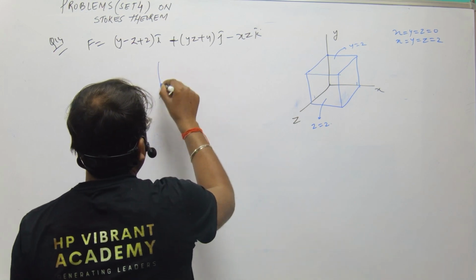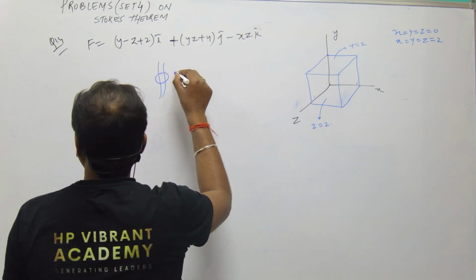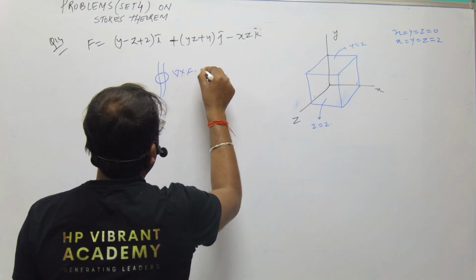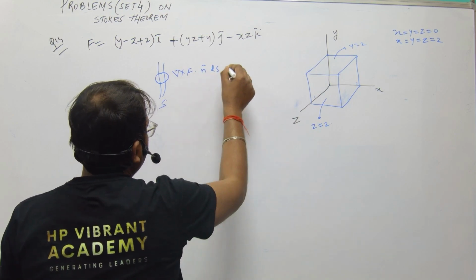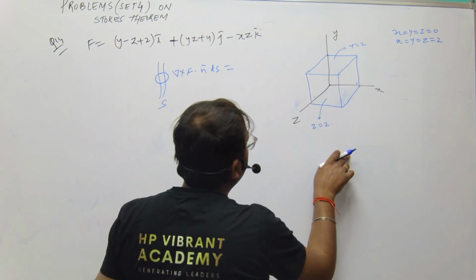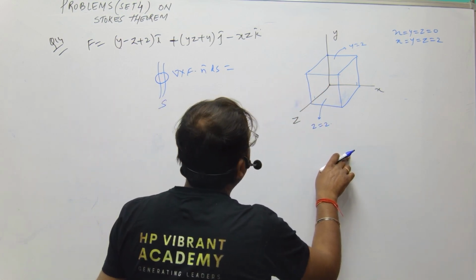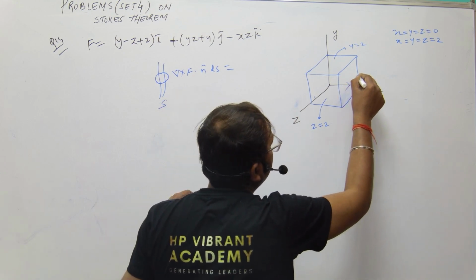So we have to find the value of the surface integral of del cross f dot n cap into ds along the surface S. So this must be equal to the line integral. This is our surface S, so the curve C will be this one.